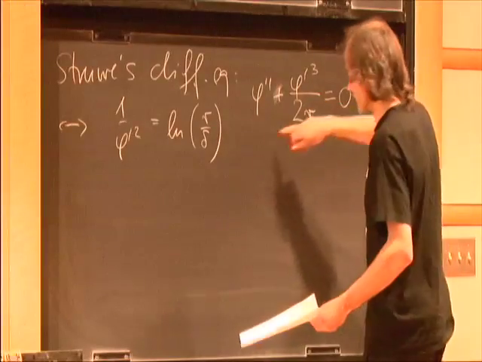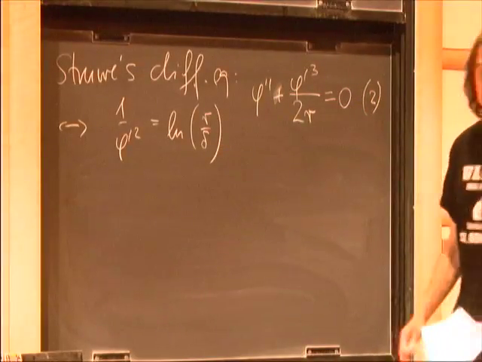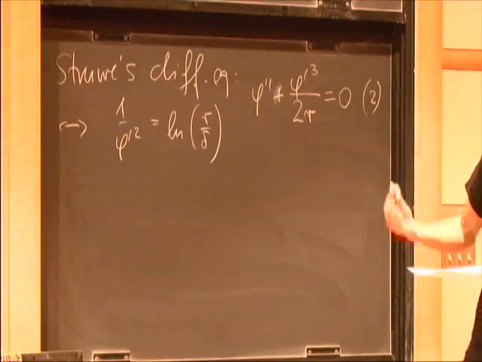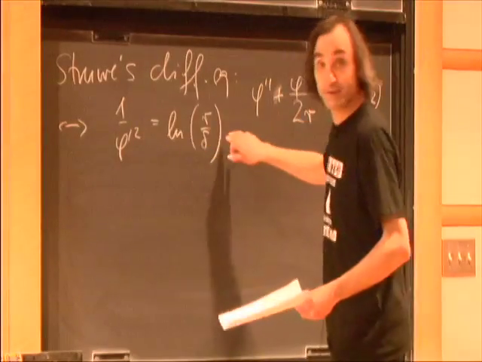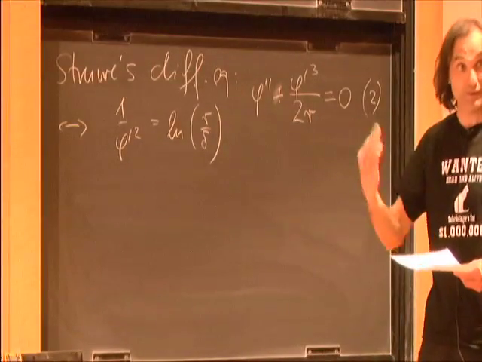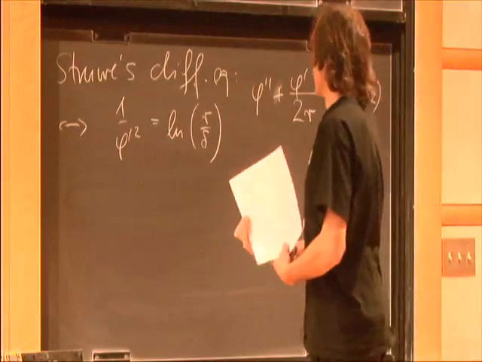So I just integrated and get a solution for phi prime, and then you need to integrate once more. So you solve for phi prime and integrate this to get a solution of phi. And then you just need to study what the solution looks like.